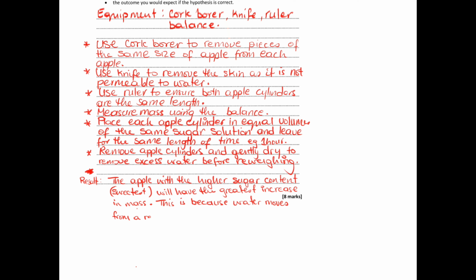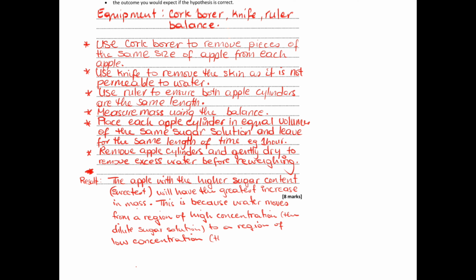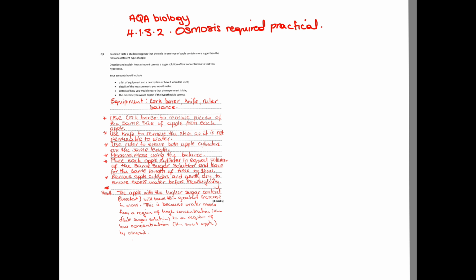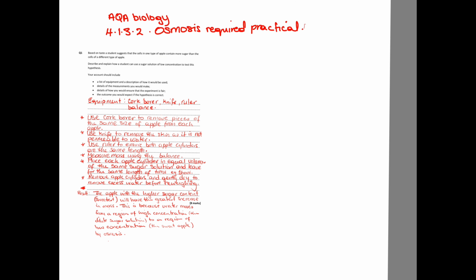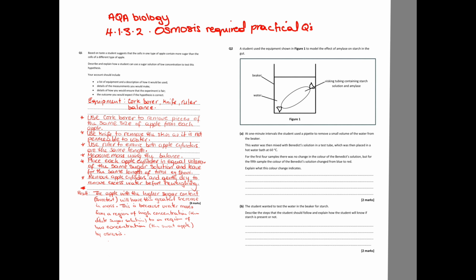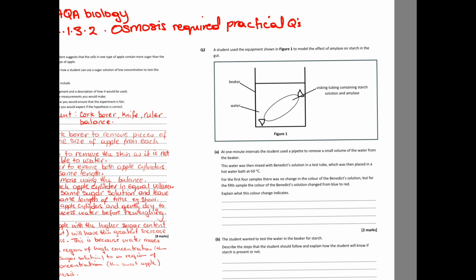This is because water moves from a region of high concentration, that is the dilute sugar solution surrounding the apple, to a region of low concentration, and that would be inside the apple, by osmosis. So that's an 8 marker right there.